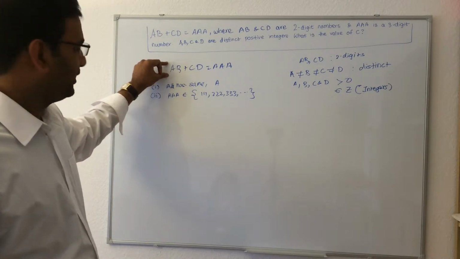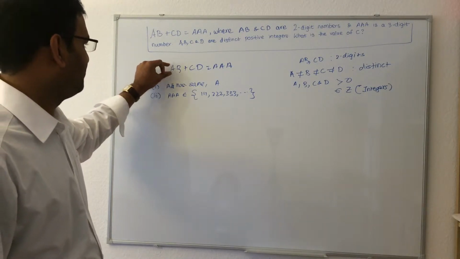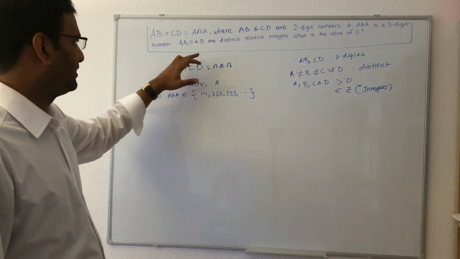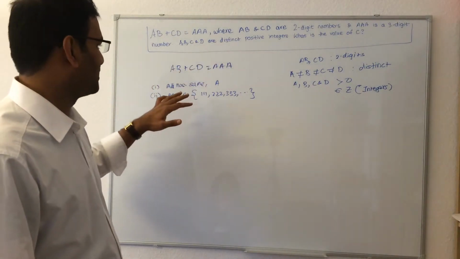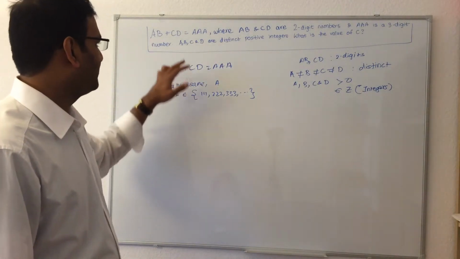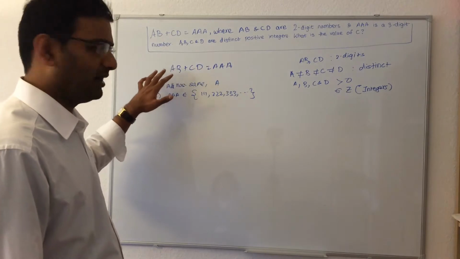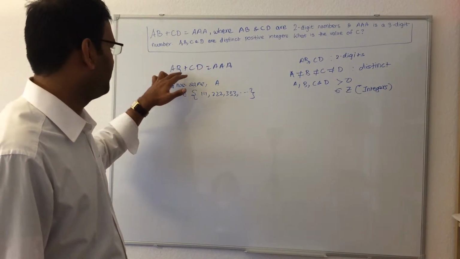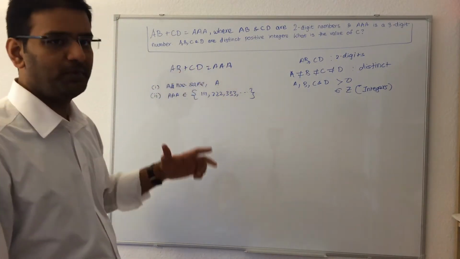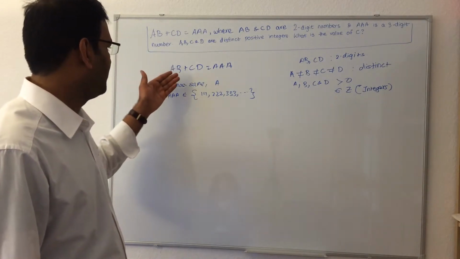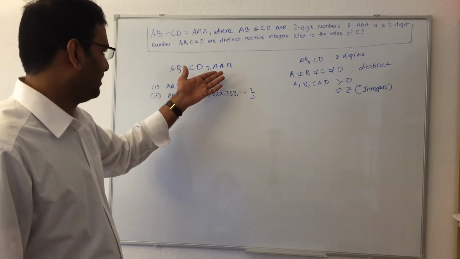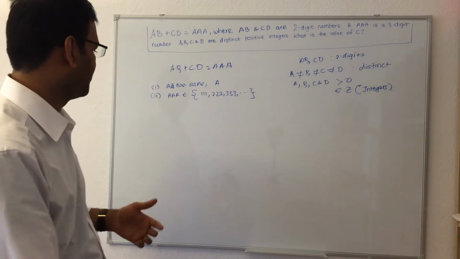So let us look at the left hand side of the equation. We see that A, B, C and D are distinct and there is a constraint imposed. However, we are going to assume that these numbers are not distinct and assign the same value to A, B, C and D to find out what could be the maximum value of AB plus CD that would result in a three-digit number.